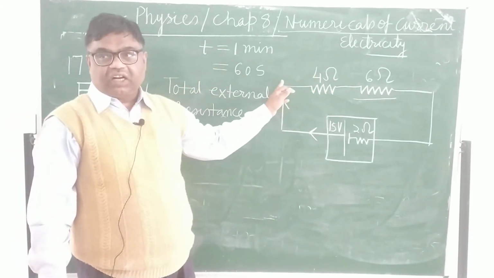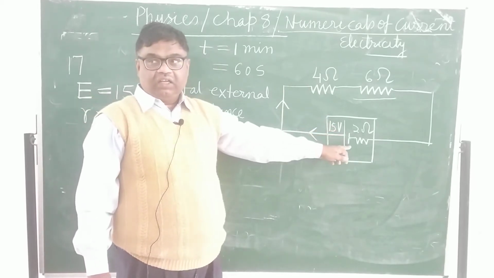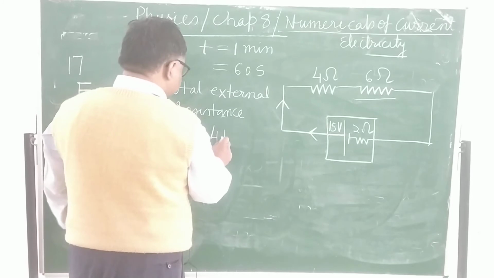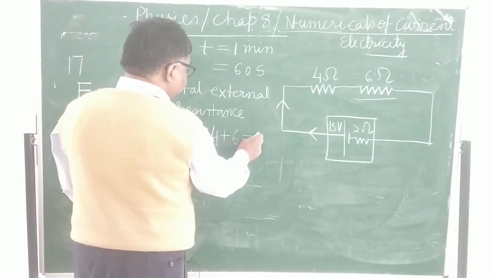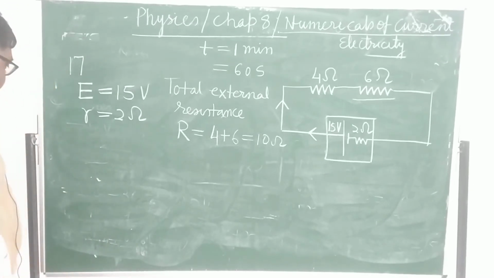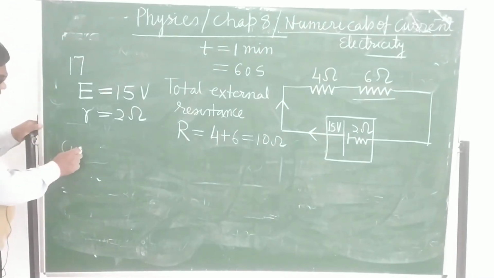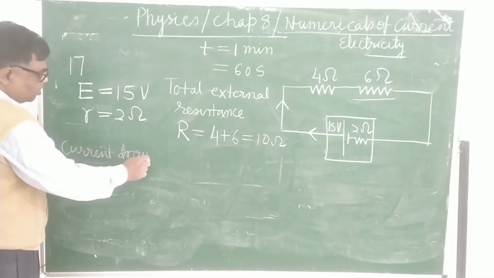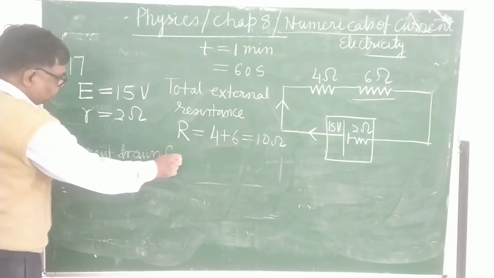These are the external resistors, while this is the internal. So it will be equal to 4 plus 6, 10 ohm. It is clear? So what will be the current drawn from the battery?